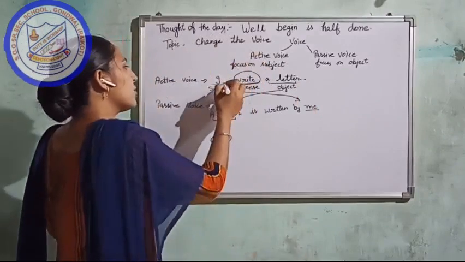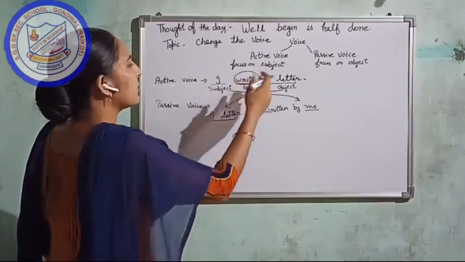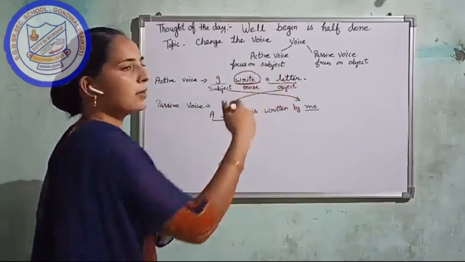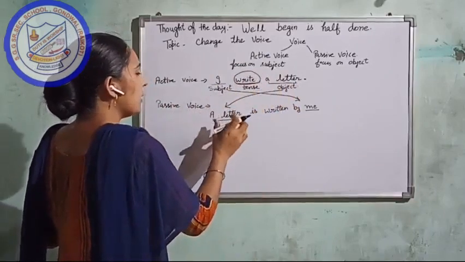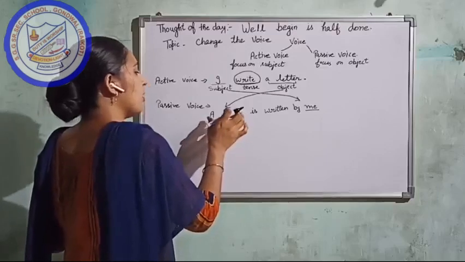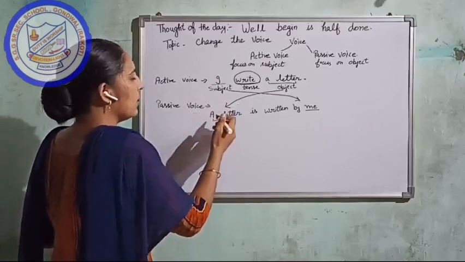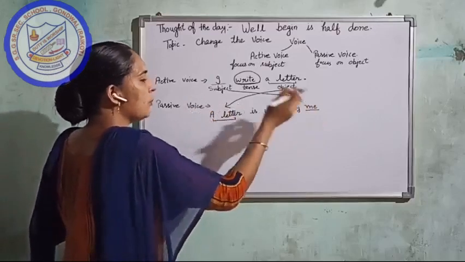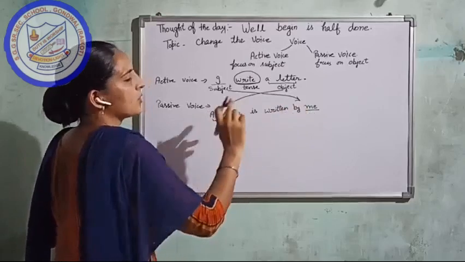In active form, I write a letter. The main focus is on subject. मैं पत्र लिखता हूँ, मैं एक पत्र लिखता हूँ. But in passive voice, the main focus is on a letter, on object, which is working as subject. A letter is written by me. एक पत्र मेरे द्वारा लिखा जाता है.